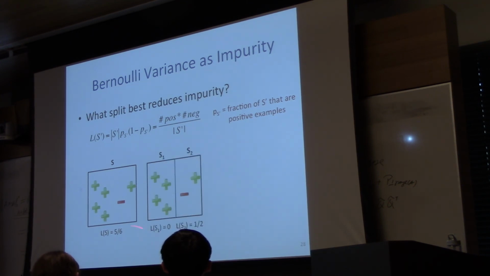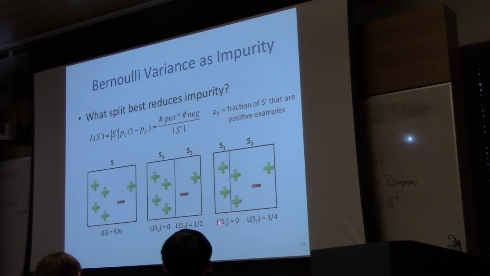And again, I'm ignoring some scaling issues; it should be clear from context. So we split on this. This is the resulting impurity of the two sides. So clearly, according to this impurity measure, this is a better split than this is.